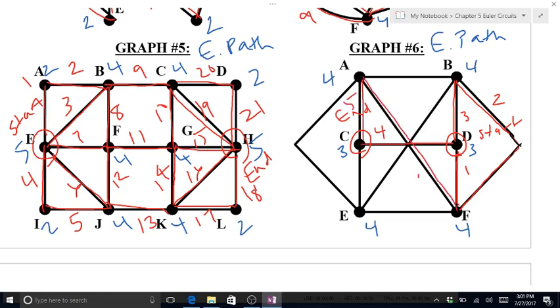Way down to F is 6. Across to E is 7. All the way up to B is 8. Across to A is 9. Down to E is 10. And finally we end at C with edge 11.